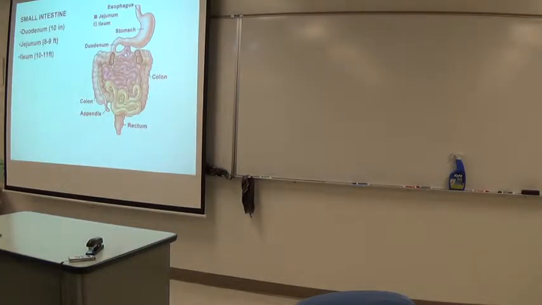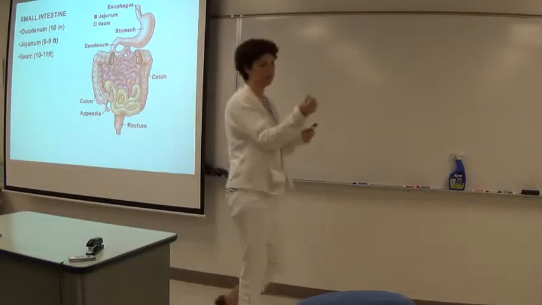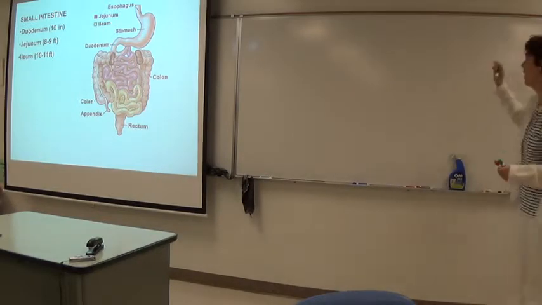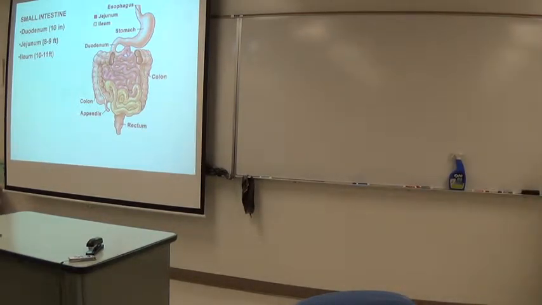All right, so we're looking at the small intestine today, and we had started off with a series of sphincters. I'm going to put those over here on the side. What was the first sphincter that food passes through when we were talking about our digestive tract? The one in the esophagus?